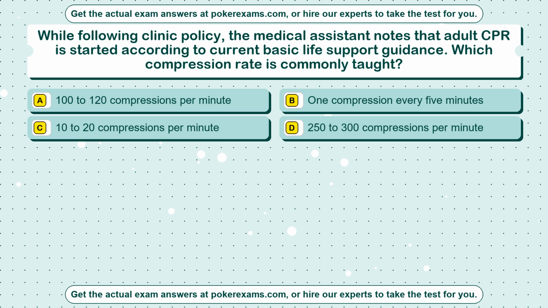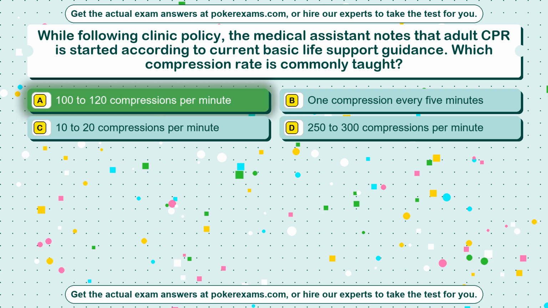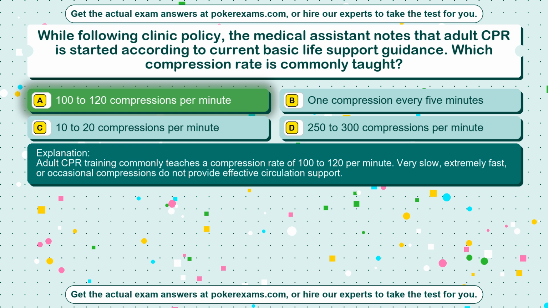Option D, 250 to 300 compressions per minute. The correct answer is option A, 100 to 120 compressions per minute. Adult CPR training commonly teaches a compression rate of 100 to 120 per minute. Very slow, extremely fast, or occasional compressions do not provide effective circulation support.